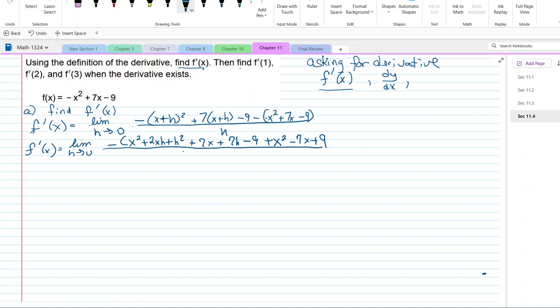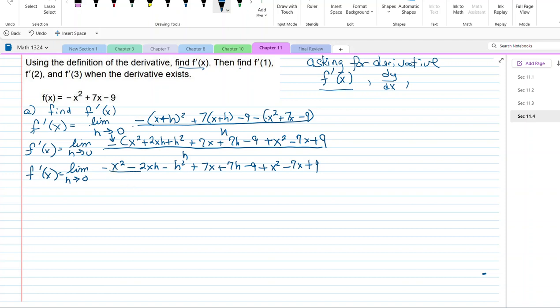Now, we're going to do one more step to get this distributed. So here we go. We're going to take f prime of x equals the limit as h approaches 0 of negative x squared, negative 2xh, negative h squared. And then I'm going to have a positive 7x, positive 7h minus the 9 plus the x squared minus 7x plus the 9 all over that h.